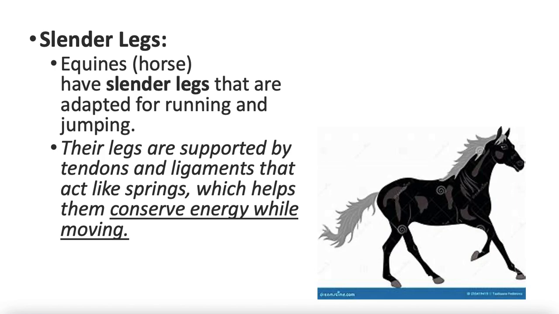So some horses have a natural gait, and we can also train them to have a certain type of gait. And why do these cylindrical legs help them in running as well as in jumping? Because their legs are supported by tendons and ligaments.